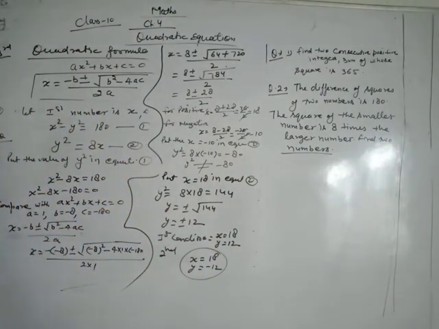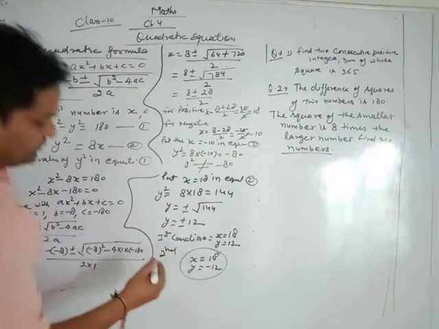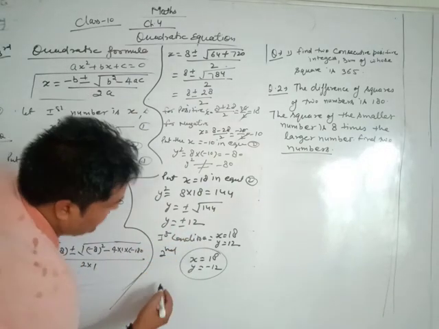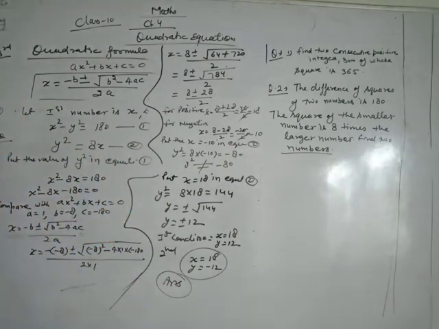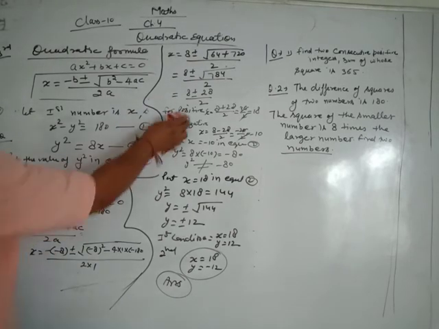So these are the two numbers. It is our answer: x equal to 18 and y equal to 12 and minus 12. So now the second question has been done by this method.